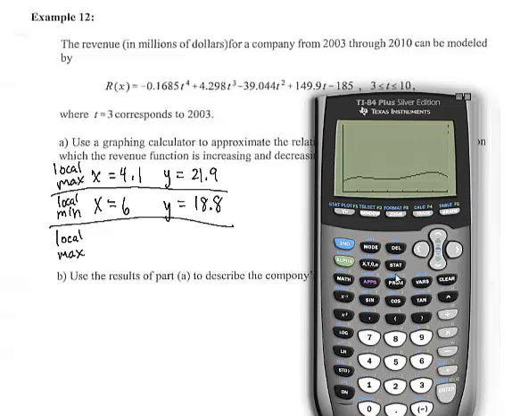Enter a third time. And so at x equal 9, or in other words 2009, we have revenue of 29.2 million.